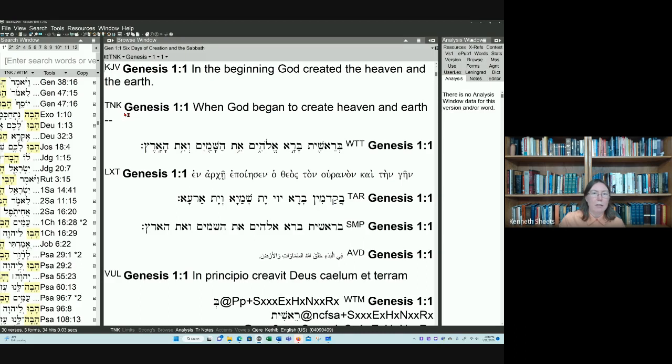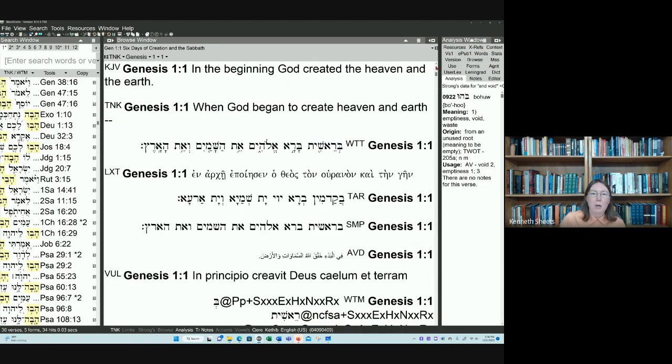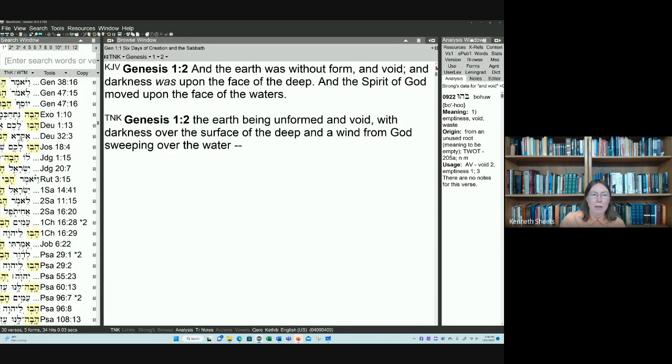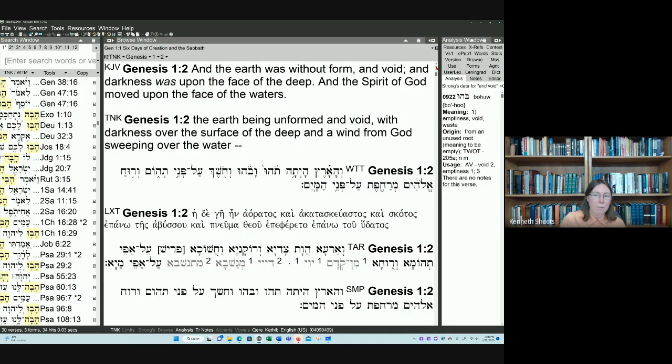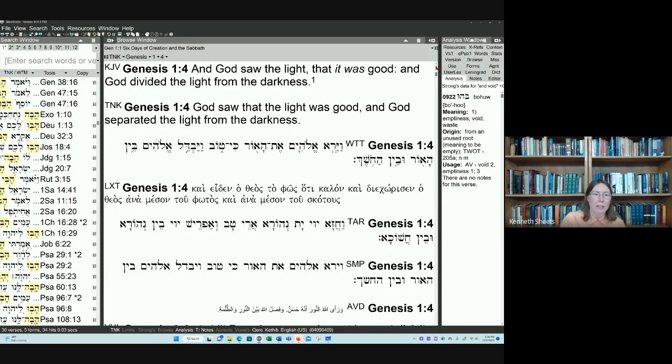But look at what this English translation does. It says, when God began to create heaven and earth, the earth being unformed and void, with darkness over the surface of the deep, and a wind from God sweeping over the water, God said, let there be light, and there was light.